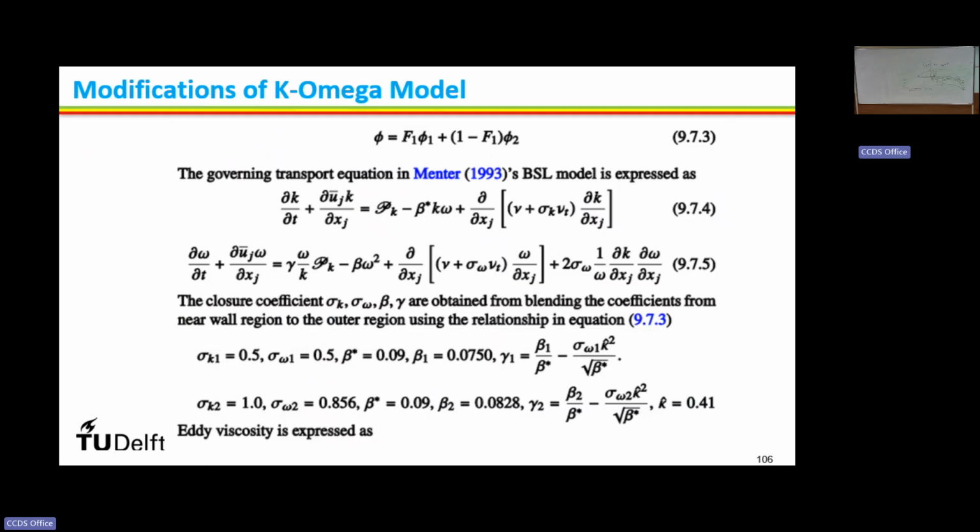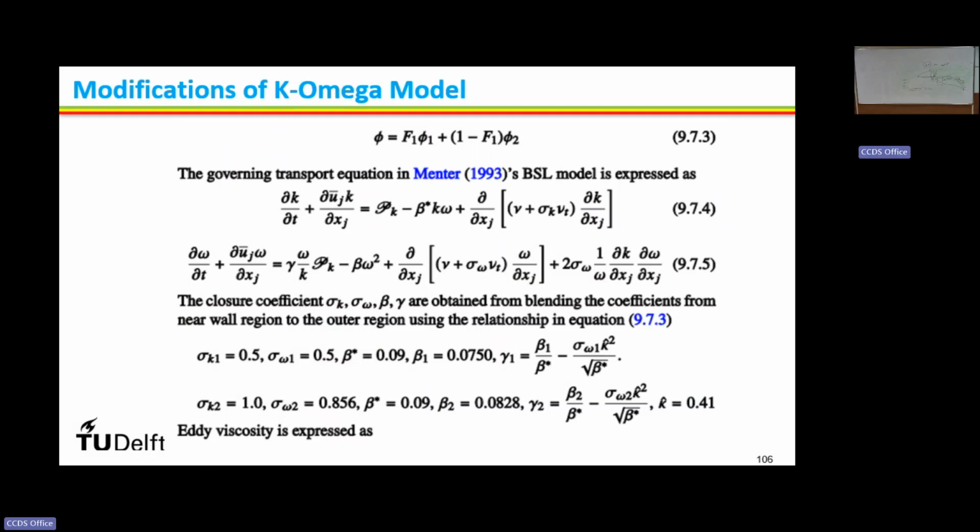So once you find the f1 value, you put f1 into sigma k1 plus 1 minus f1 into sigma k2 to find out sigma k, and this sigma k will be used here. Here it is not just a constant, it's a variable. The variable value depends upon phi.